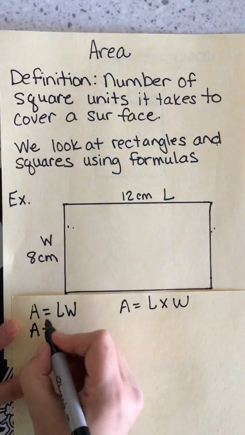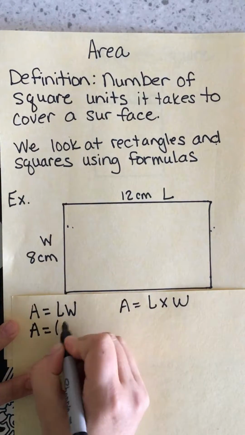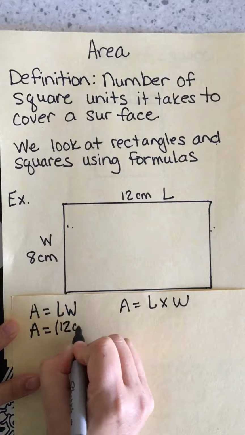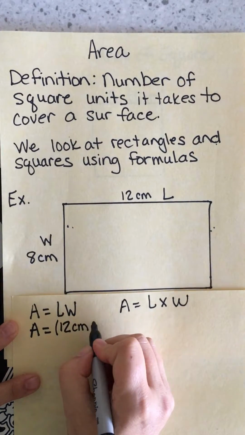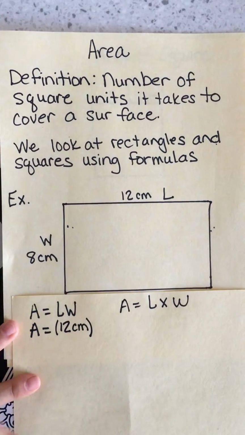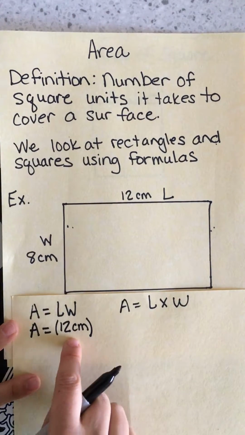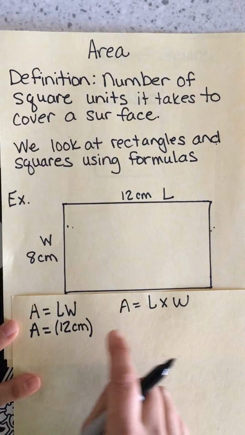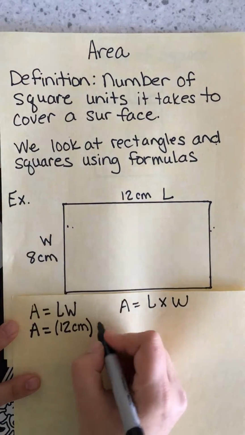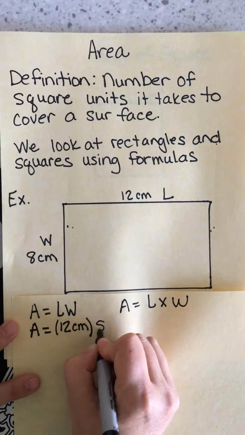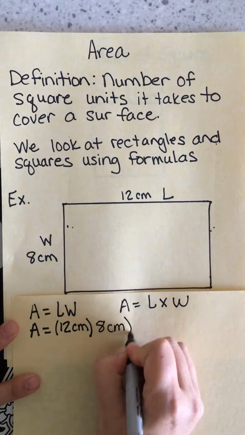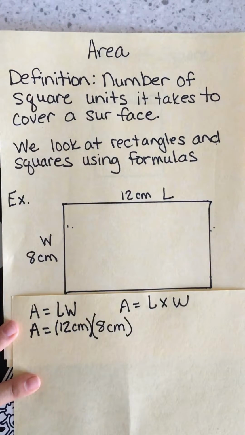So the length of this is 12 centimeters, and I like to keep the units. And anytime I replace the variable, that's a letter that's unknown, we put it in parentheses. And what's the width? The width is 8 centimeters. And once again, we put that in parentheses.